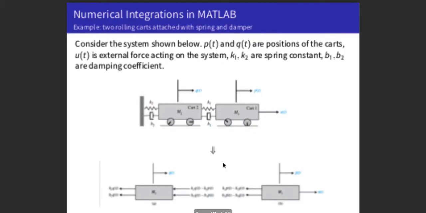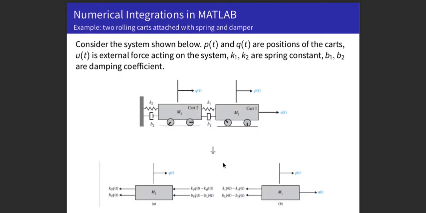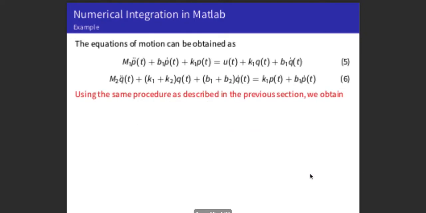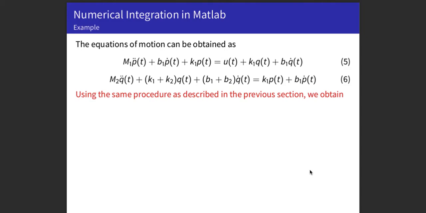Okay, so this is a free body diagram of mass m2 and mass m1. I think you already know how to do all of this using Newton's second law. So these are the equations of motion of cart number 1 and cart number 2.